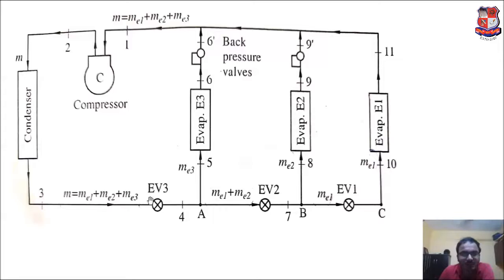Now the remaining mass is passing through EV2, which is ME1 plus ME2, and here further some vapor will be generated, and this vapor is taken into evaporator E2, and with this vapor some liquid refrigerant is also taken into evaporator E2.